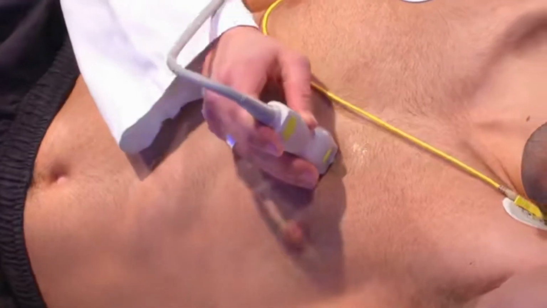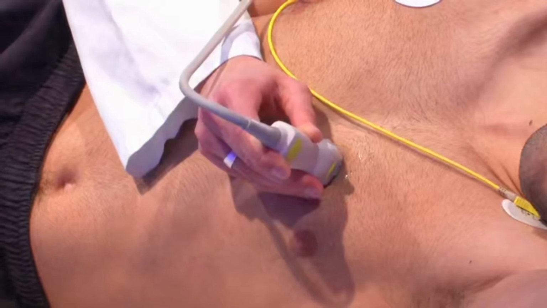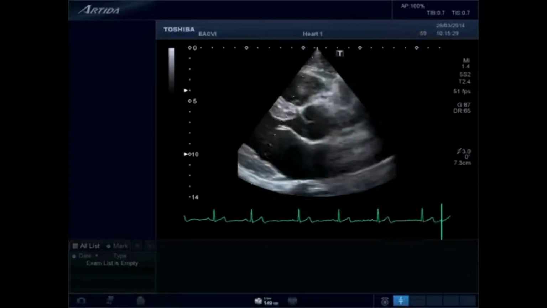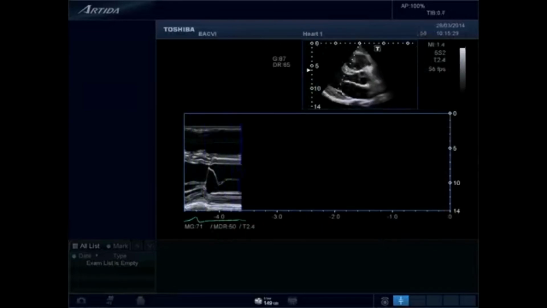So sometimes I have to push my patient and be a little bit closer to the sternum. So now I will have the M-mode acquisition.